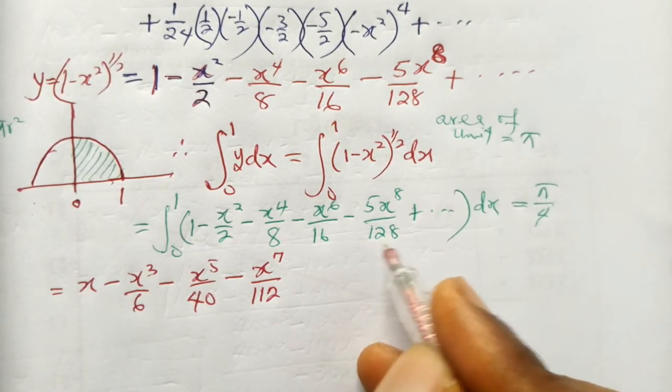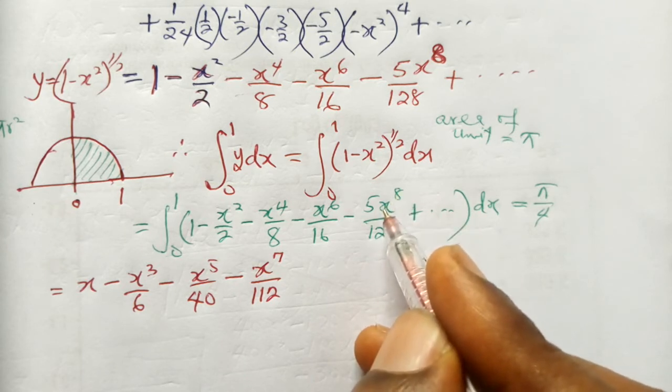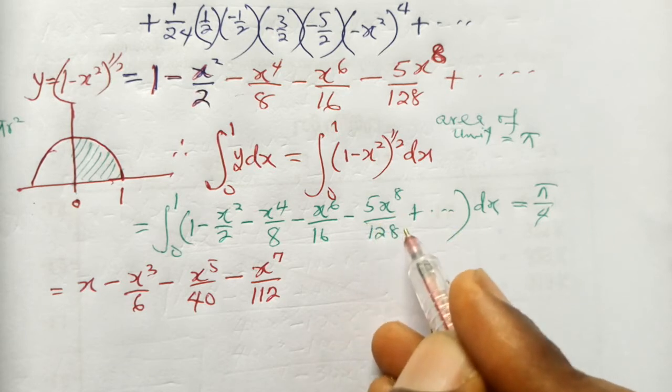This one will be 128 times 9, because if we integrate this, we'll have 5x^9 over 128 times 9.